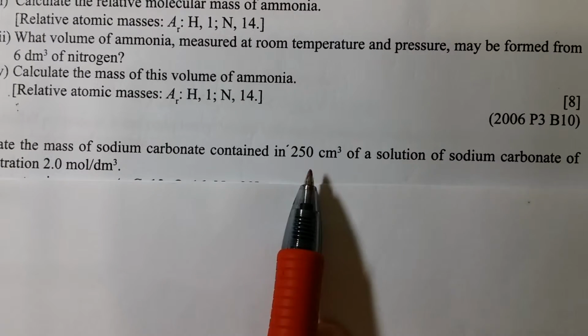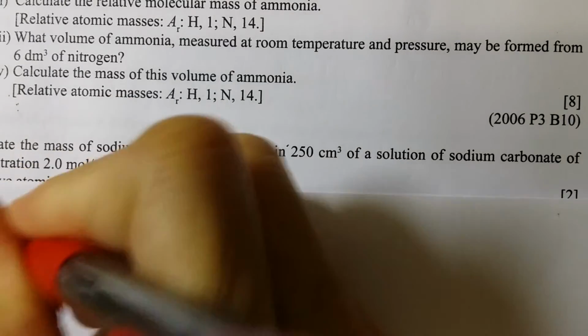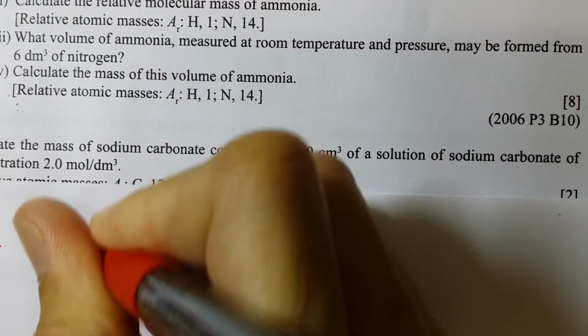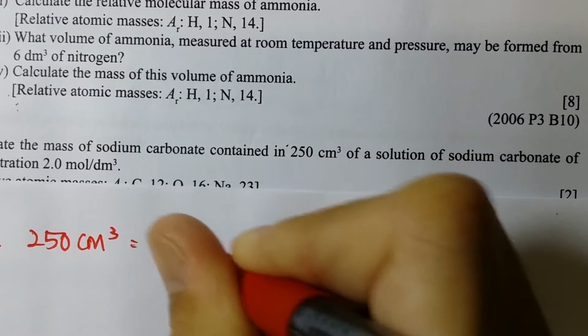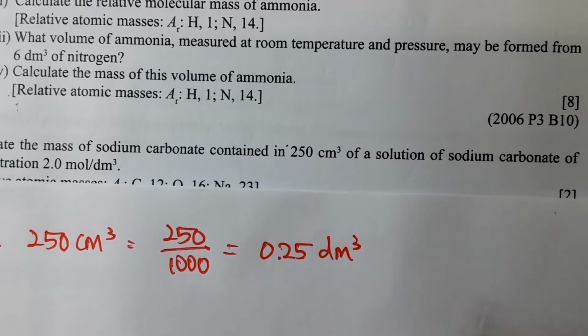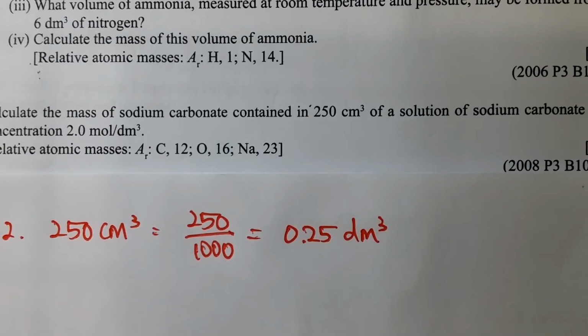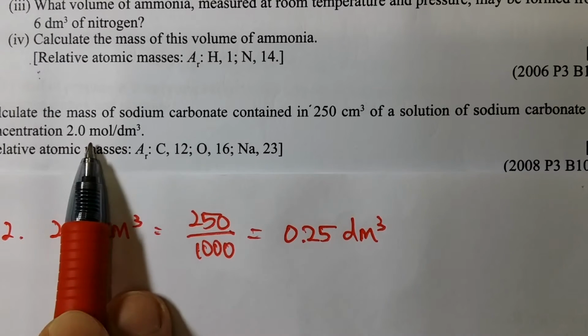Now again, you can change 250 cm cube to dm cube. So 250 cm cube is 250 divided by 1000, which is 0.25 dm cube.